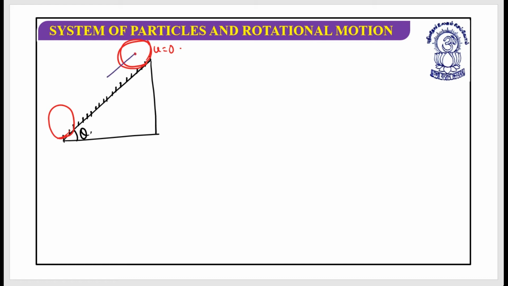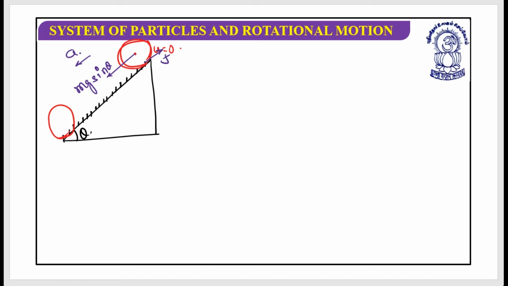So what I understand is this is the force that we call mg sine theta. In the upward direction of the wedge, a friction would be there, and this is moving in this direction, so acceleration would be in this direction.